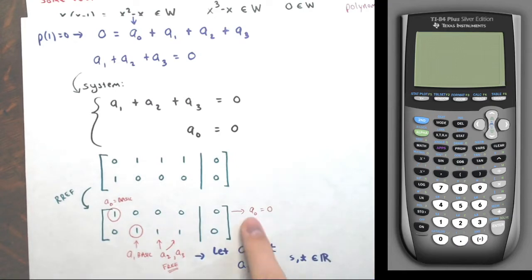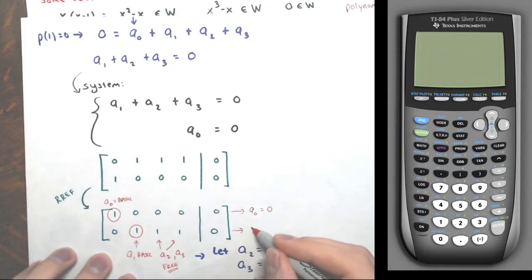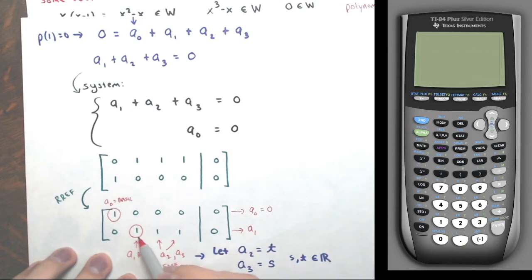Okay, so from this line we're getting a0 equals 0, and from the second row we're getting that a1, the basic variable, plus a2, which is now t, plus a3, which is now s, should be equal to 0. So a1 must be equal to negative t minus s, just subtracting t and s from both sides.